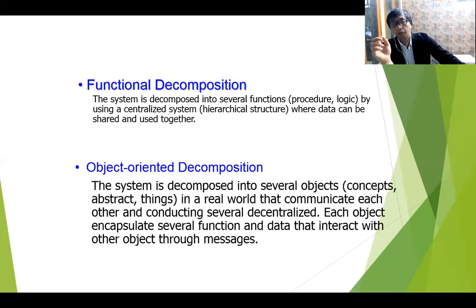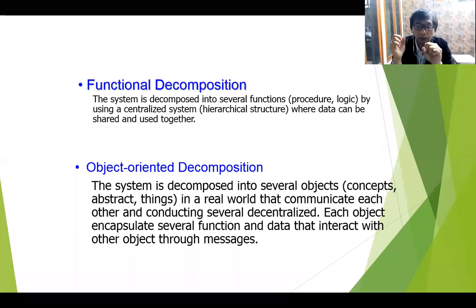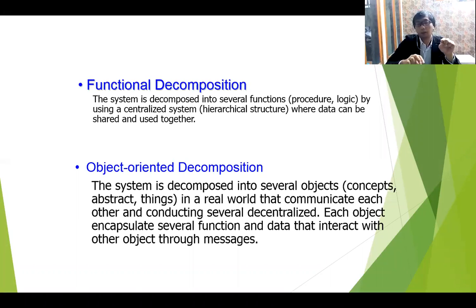So if you make a modification in object B, then all other objects in the application will not be disturbed, and you don't have to make a modification in the other objects. So if you make a modification in a single object or two objects, the whole application will not be disturbed.